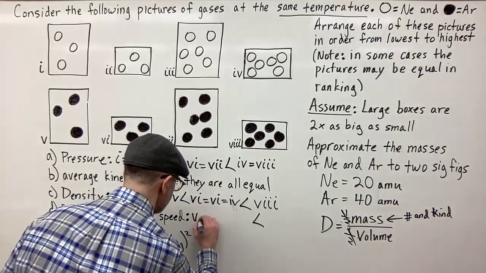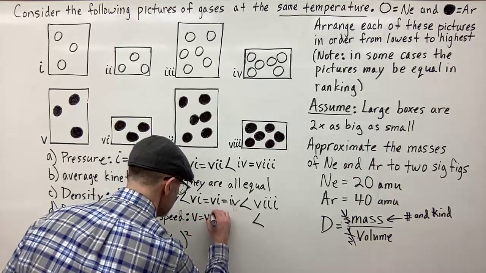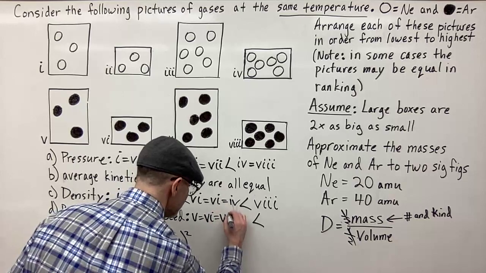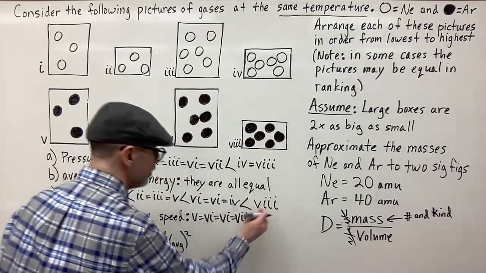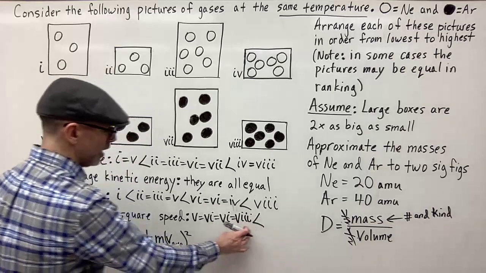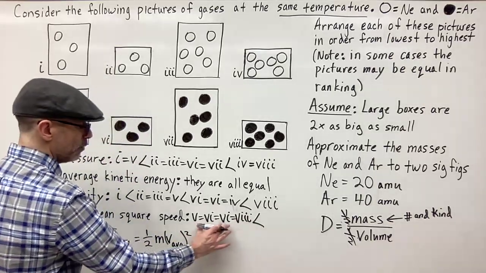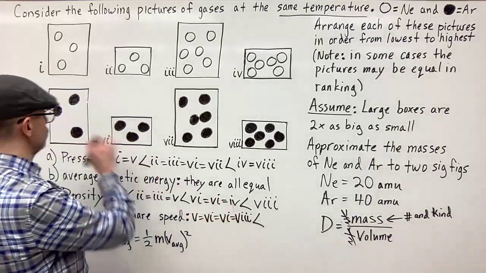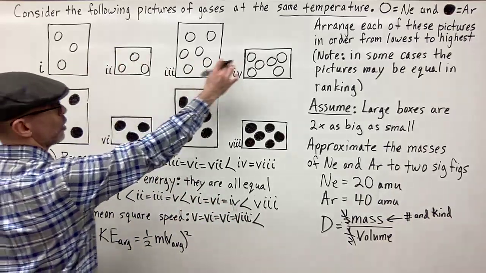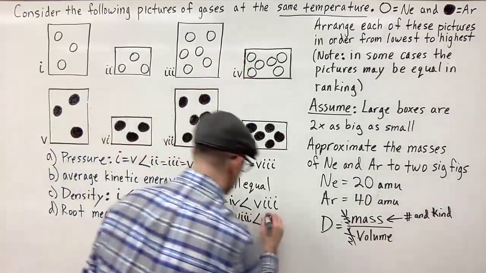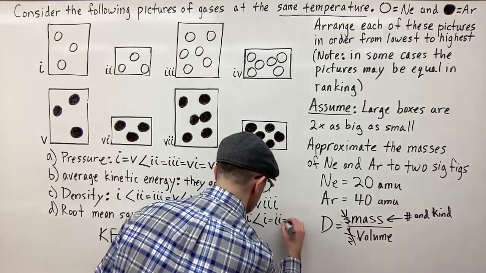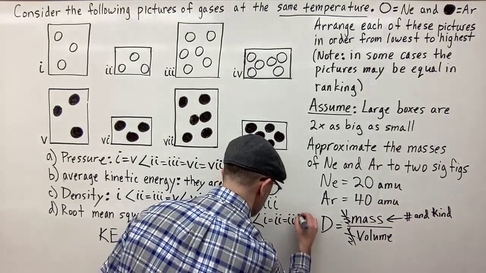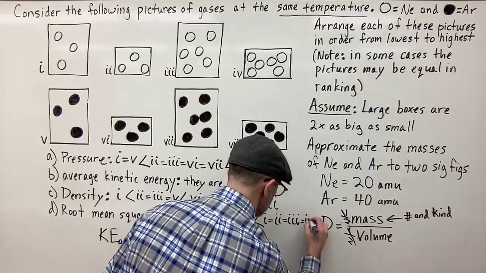So 5 is equal to 6, which is equal to 7, which is equal to 8. And then these are going to have a lower root mean square speed compared to these 4 boxes here. So 1 is going to be equal to 2, which is equal to 3, which is equal to 4.